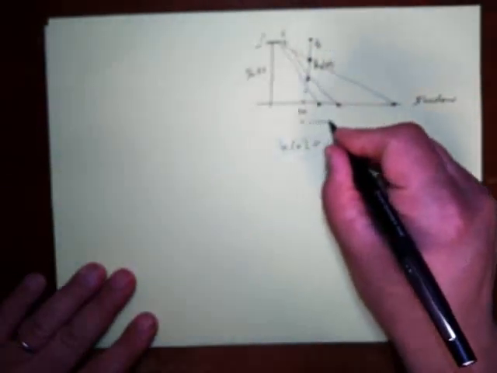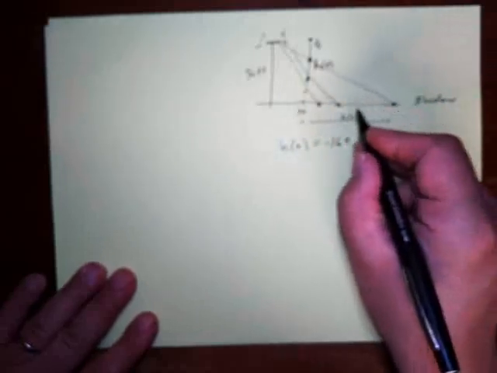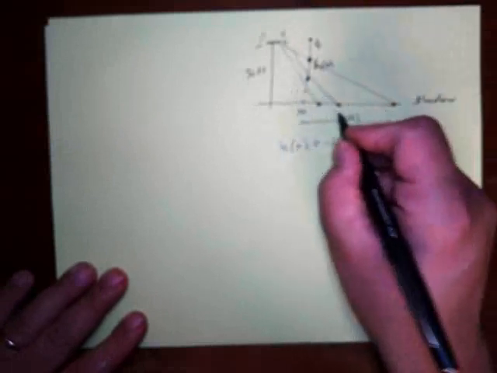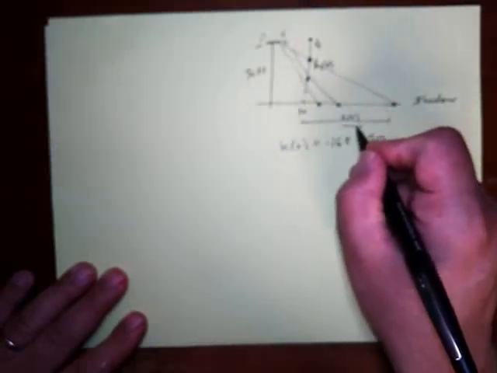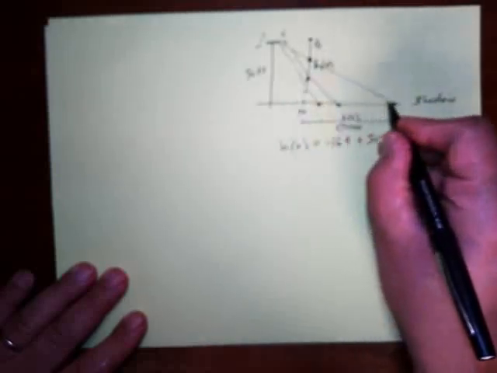Let's call this distance x of t, x at time t. So here's the height, here's x, and you can see that x is moving this way. It's decreasing, getting smaller from here to here.